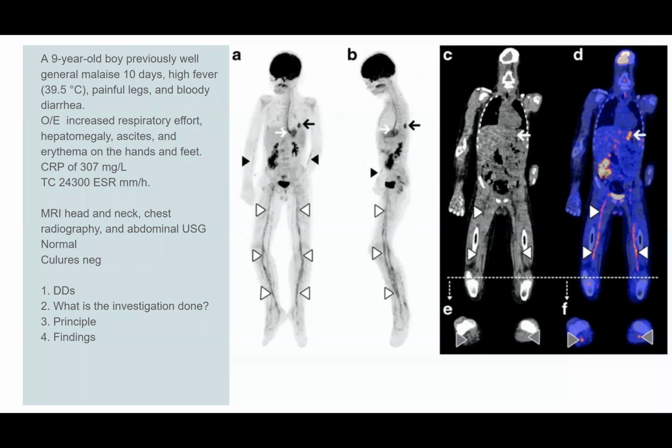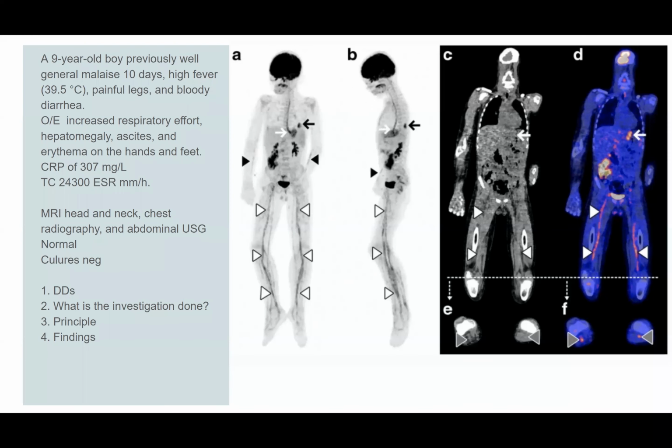And the black triangles, can you see the black triangles? Those are arm vessels. Is it visible? Yes, ma'am. See the cursor? This is the arm vessel, that line. So all the blood vessels in the extremities are involved. That is what this PET scan is showing.